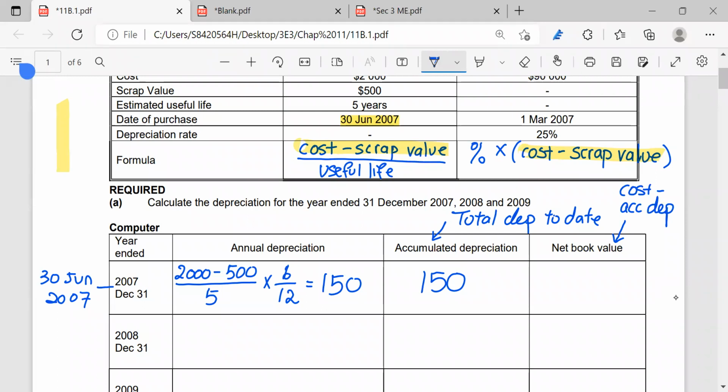Cost price always remains the same, which is $2,000. Accumulated depreciation, of course, is the number in front, which is 150. So your net book value is 1850.